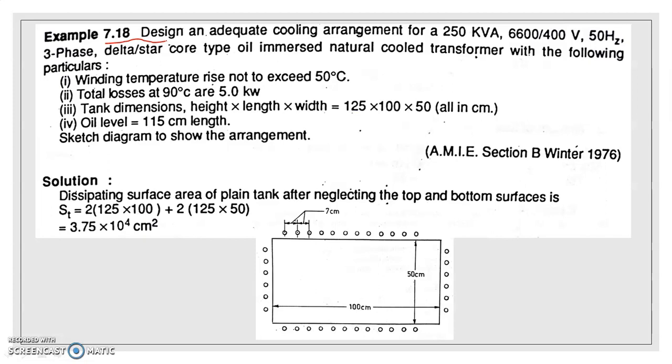The winding temperature rise should not exceed 50 degrees Celsius. Total losses at 90 degrees Celsius are 5.0 kilowatt.